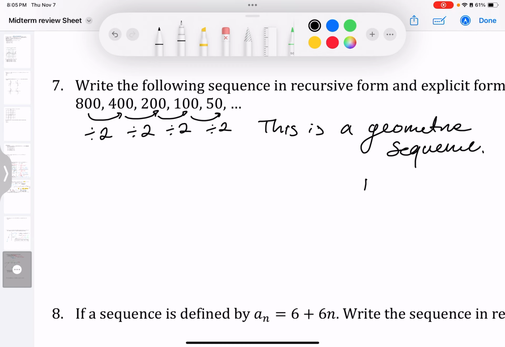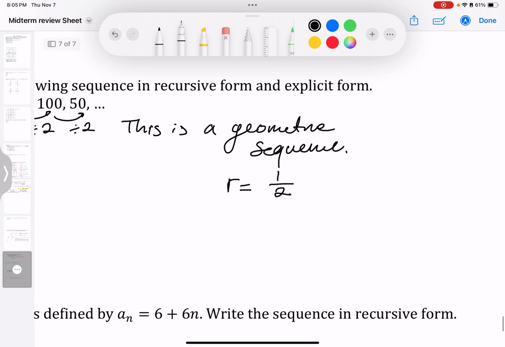The common ratio in this case, remember when you write it as divide by 2, we can represent that as 1/2, because 1/2 means divide by 2.